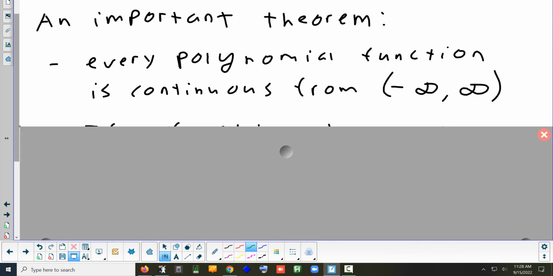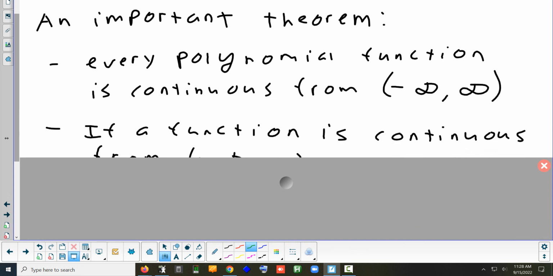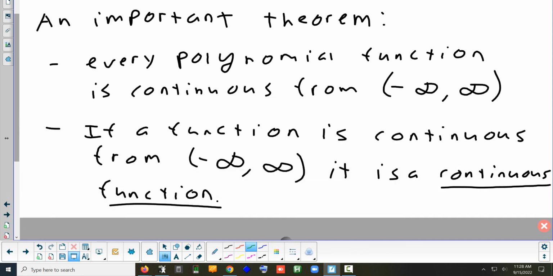So, I think I already said this to you, but the domain of polynomials is all real numbers. There are no undefined values in polynomials. You never would divide by 0. You would never take the square root of a negative. That means you can draw polynomials, the entire thing, without ever lifting your pencil.